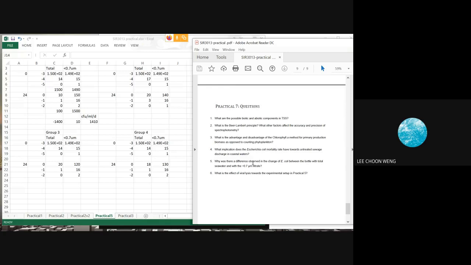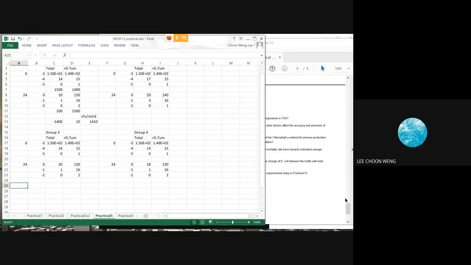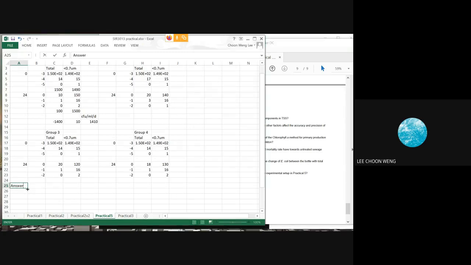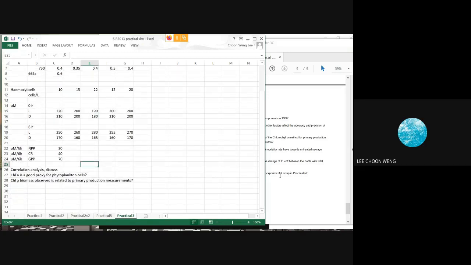Then, why was there a difference observed? And then the effects of viral lysis towards this experimental setup. So answer 3 questions here, questions 4, 5, 6. And for this, answer question 3.